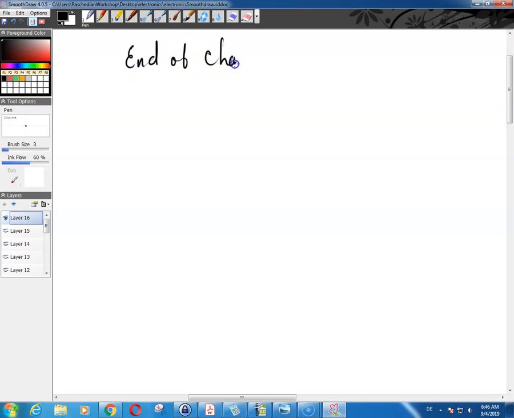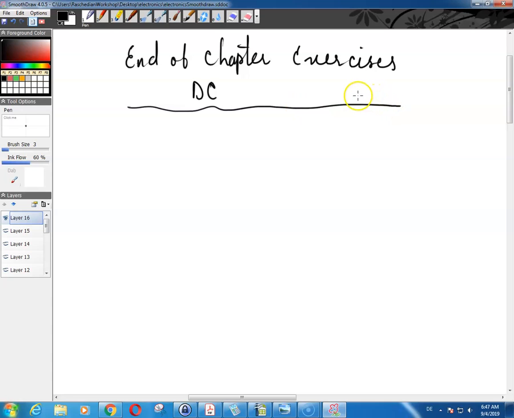The end of chapter exercises related to DC. If you can answer these questions, that means you understand DC well enough that you can move to the next parts of the book.